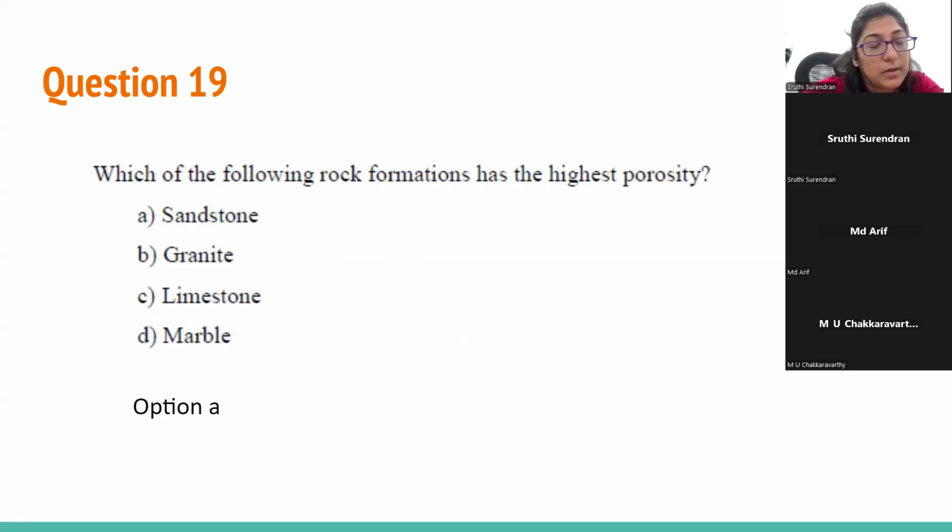Limestone is also a sedimentary rock, but it is not as porous as sandstone. Granite is igneous rock. Marble is metamorphic rock. Granite has almost zero pores. Marble also doesn't have pore spaces in it. They're very highly consolidated rocks. So the correct answer is option A.